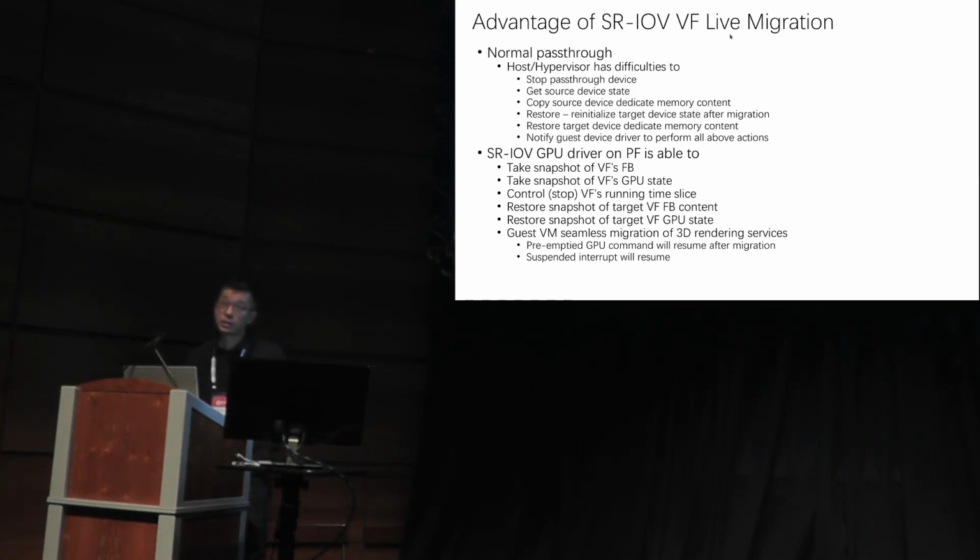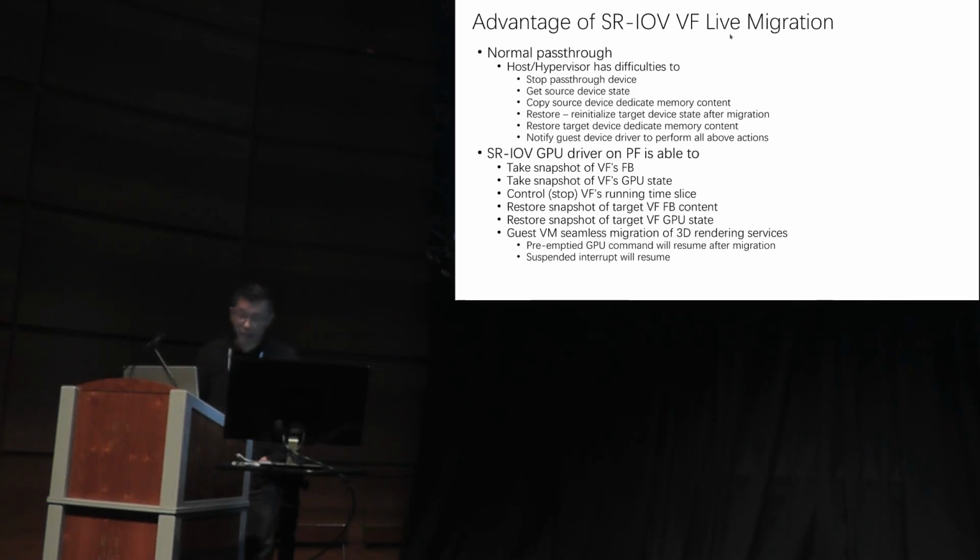You copy the dedicated memory over, or you restore or initialize the target device with the content after the migration. You also have to restore the dedicated frame buffer, or notify your guest driver to perform all of those operations to save and restore all your information.